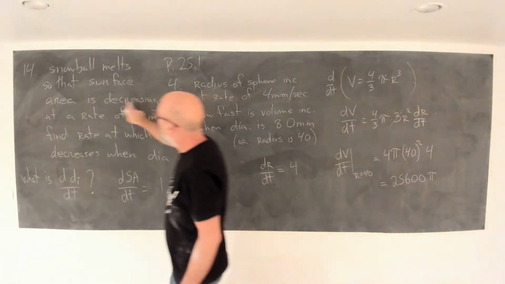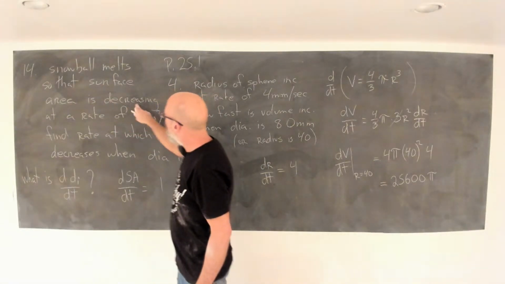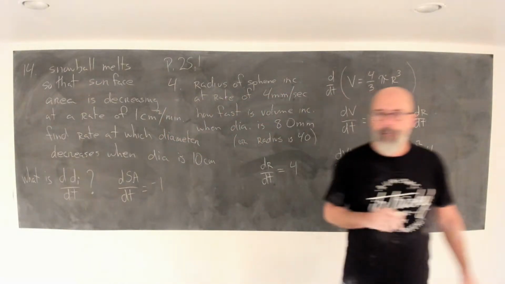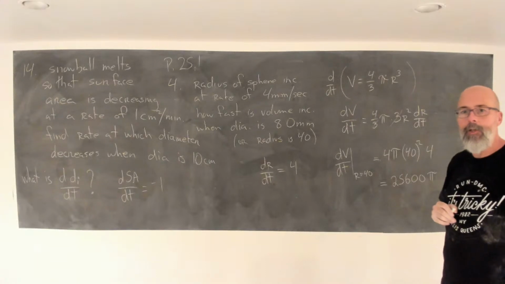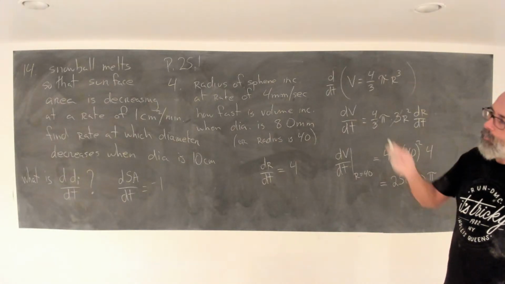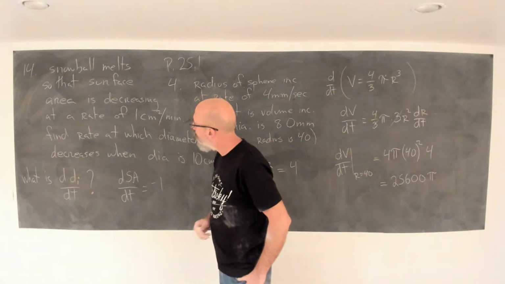Here, if you want to denote the decreasing part, we denote that by a negative. It's the opposite of increasing. It's decreasing, so the opposite of positive is negative. The rate of change of the surface area is -1.